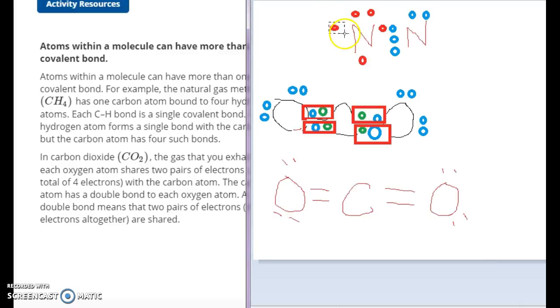And I know that these two electrons are going to zip over here. And when they do that, we are going to have what kind of bond in between them? We are going to have a triple bond because these electrons are shared, these are shared, these are shared. So nitrogen would have a triple bond.